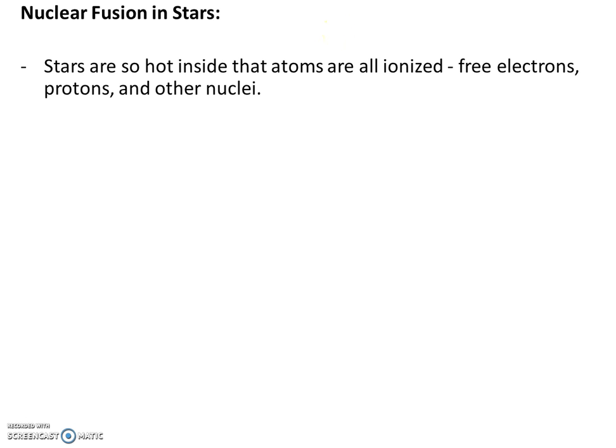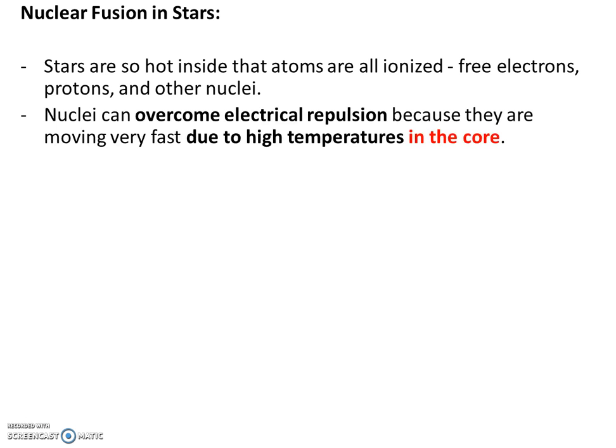How do you make them go fast enough so that they collide? Well, you turn up the temperature. Where in the star does the temperature get turned up so high that the nuclei can collide? In the core, because that's where it's hottest. We'll explain that in a couple of lectures. So nuclei can overcome this electrical repulsion because they are moving fast due to high temperatures in the core, okay, but only in the core.